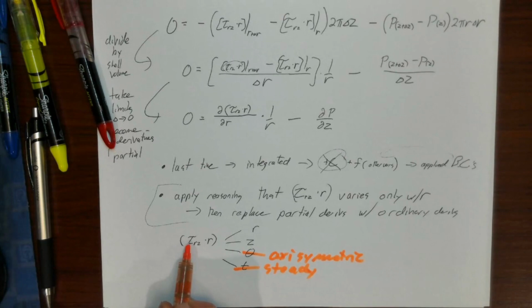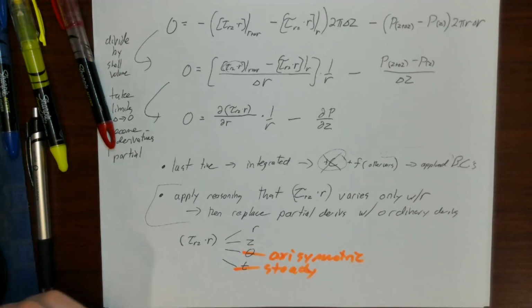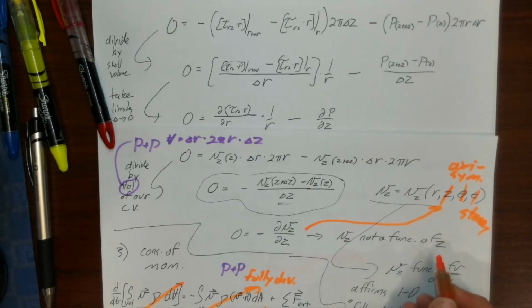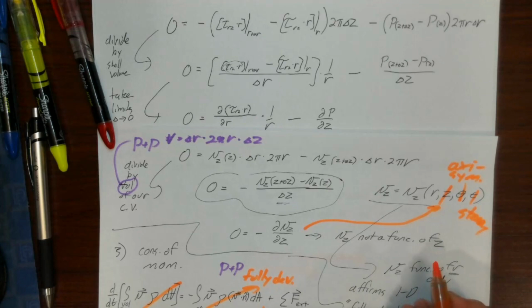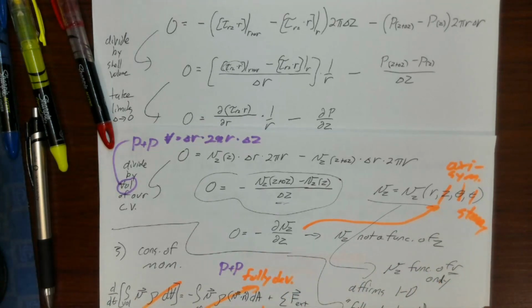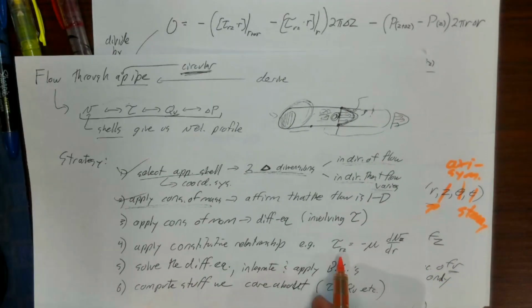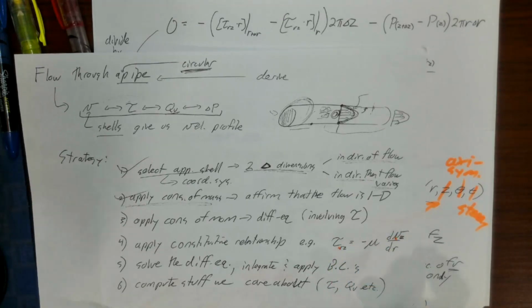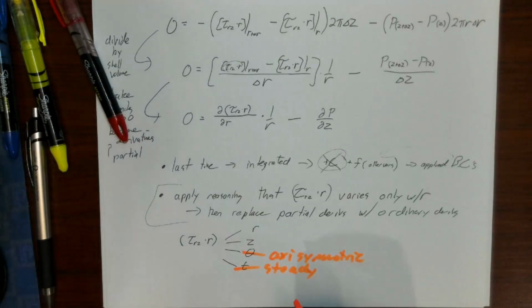Now, does tau rz vary with z? Well, let's go back to some of the conclusions we made earlier. If vz is not a function of z, and tau rz is based on vz, if vz is not varying with z, then tau rz also can't vary with z. So what does this mean?